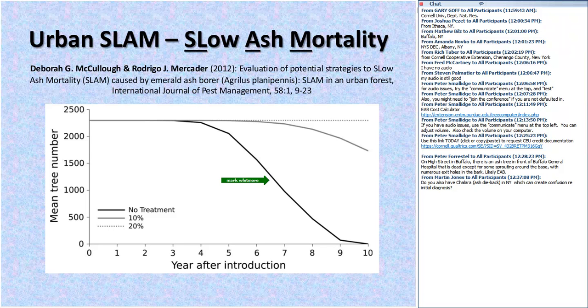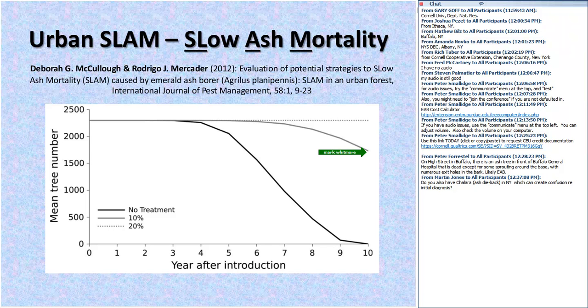You get the total death. You see it's rather rapid here, 4 or 5 years, and you've got almost all the trees dead. If you treat 10% of your trees, you get this kind of death curve. I mean, you get some mortality, but not much. And this is treating 10% of your trees every year, a different 10% of your trees throughout the infestation.